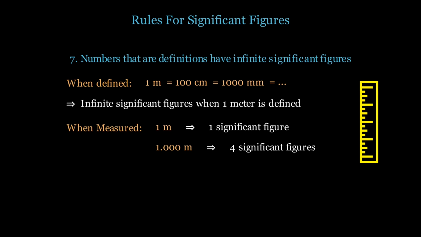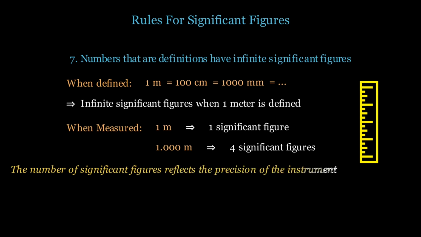Yet, when we write something like 1 meter equals 100 centimeters, where it's a conversion constant or a definition, there are an infinite number of interpreted significant figures. I hope that this is very clear to you, especially the fact that the number of significant figures reflects the precision of the instrument, not just the number itself.